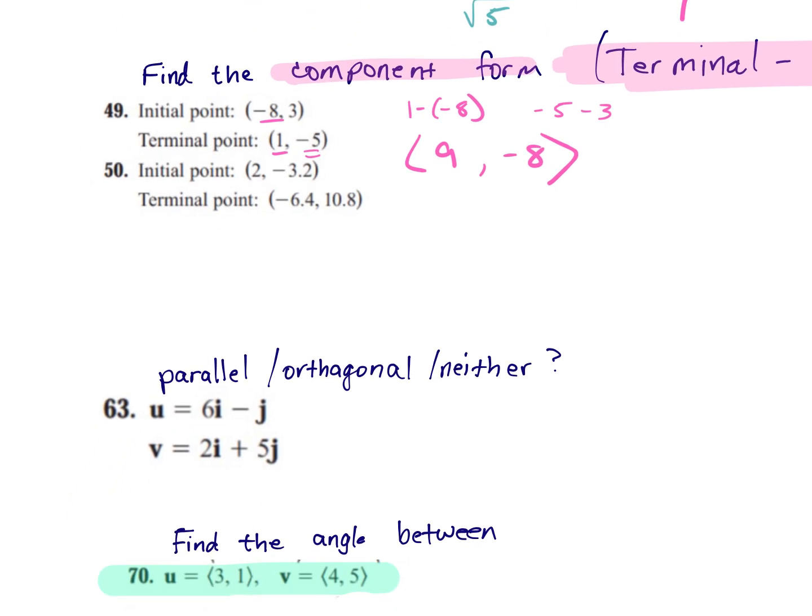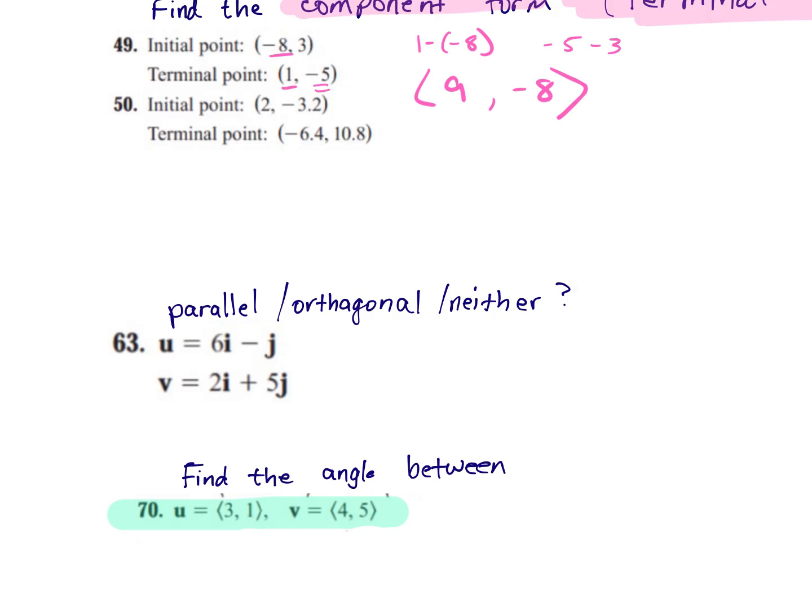All right, let's do 63, to find if it's parallel, orthogonal, or neither. For parallel, we need to set up a proportion. The first number over the first number in the other vector has to be equal to the second number in our first vector over the second number in the second vector.